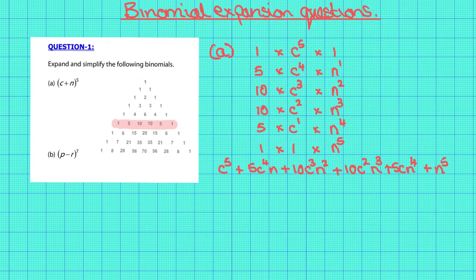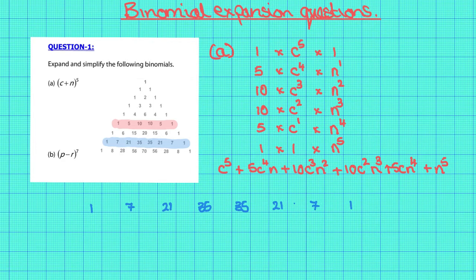B. Because n is 7, highlight the 8th row of Pascal's triangle. Now write down 1, 7, 21, 35, 35, 21, 7, 1.